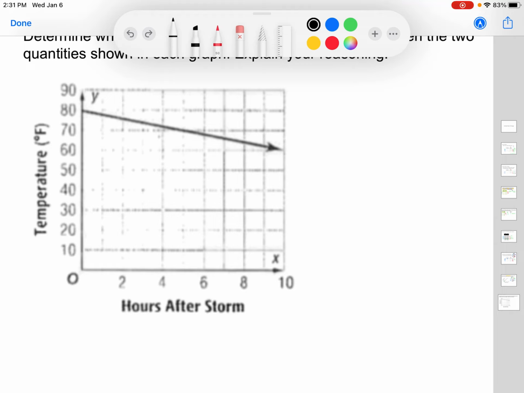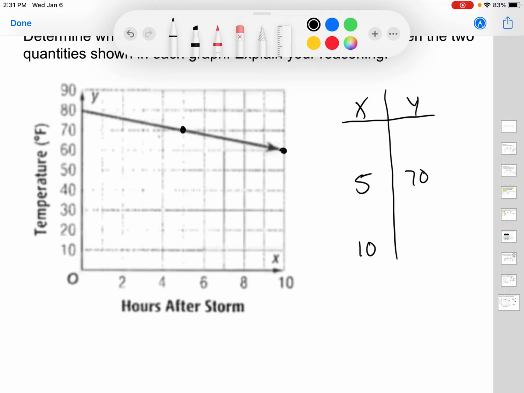However, I want to show you guys what it looks like in a table when you don't have a proportional linear relationship. So I'm going to look at this point, which appears to be right on, and I know this one's going to be right on. So I'm going to look at x values, y values. When x is 5, my y value is 70.